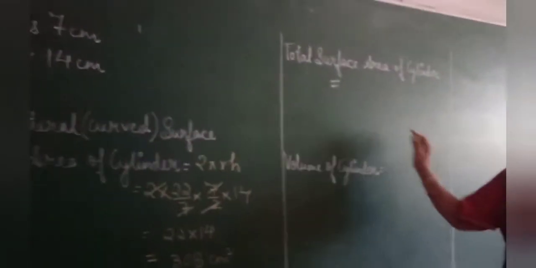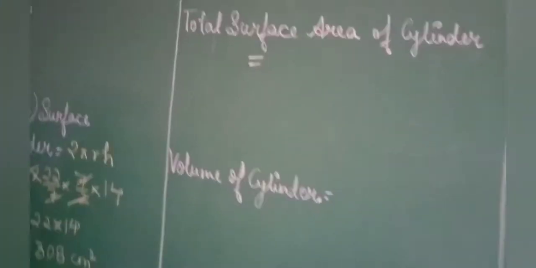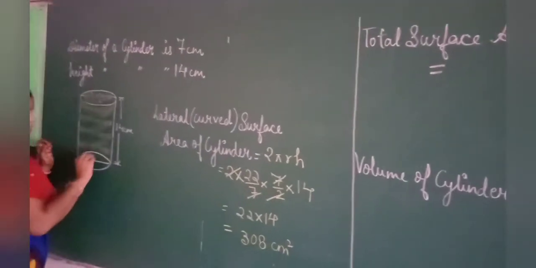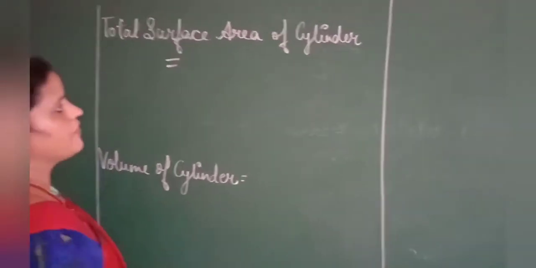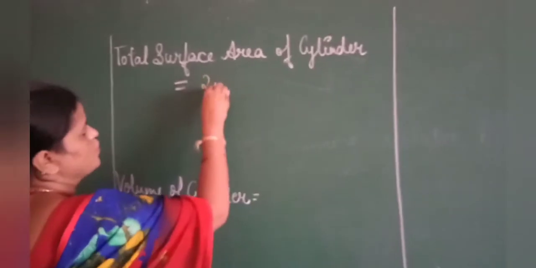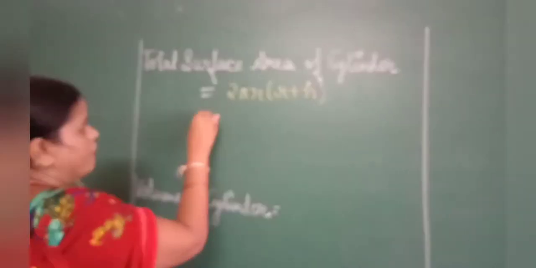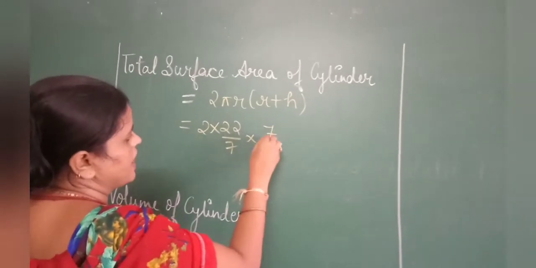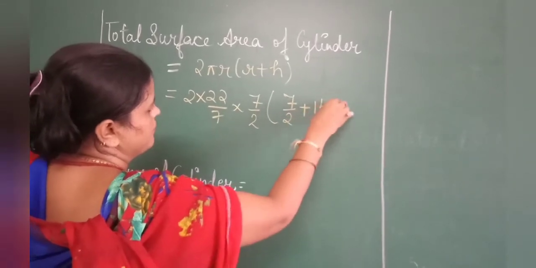Now we have to find the total surface area of the cylinder, which includes this curved part as well as the circular parts. This is called the total surface area of the cylinder, which is 2 pi r into (r plus h). Now we have 2 into 22/7, radius is 7/2, and here 7/2 plus 14.